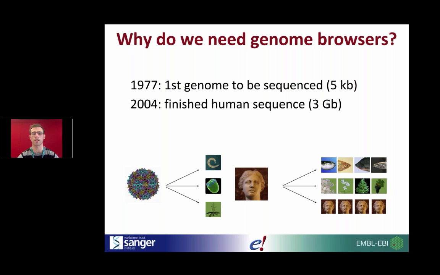It was a bacteriophage, and it was only 5 kilobases in size, which obviously isn't that big by today's sequencing standards. But that technology really laid the foundations for more and more complex organisms to have their genome sequenced until in 2004, the first draft of the human genome sequence was published. And this is 3 gigabases in size. So you can see how much the technology improved in just a few decades.